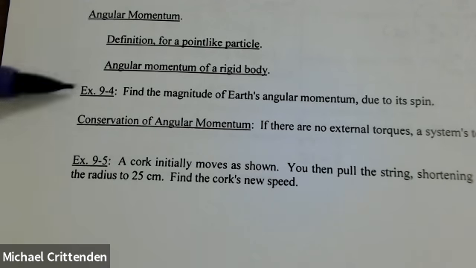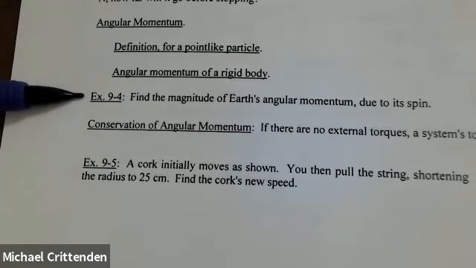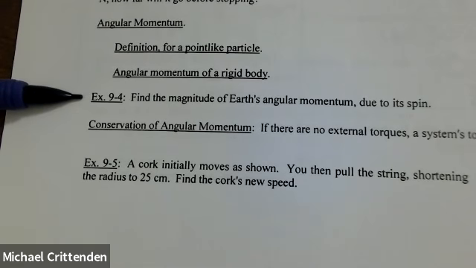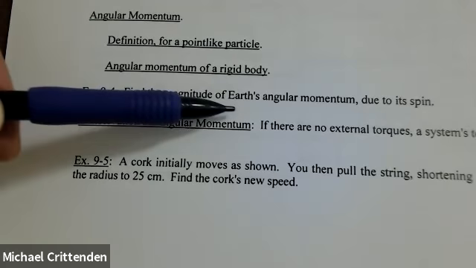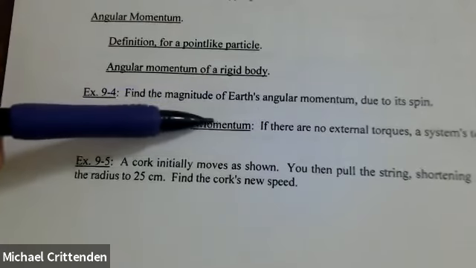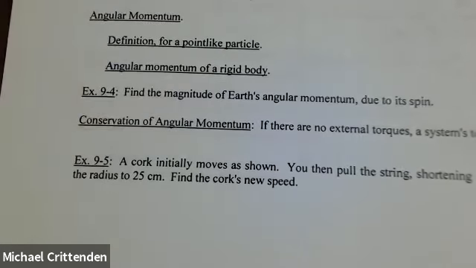We are here. Example number 4, section 9, example 4, which just simply says to find the angular momentum due to the Earth spinning on its axis. So I'll point you over here, and I will do that.